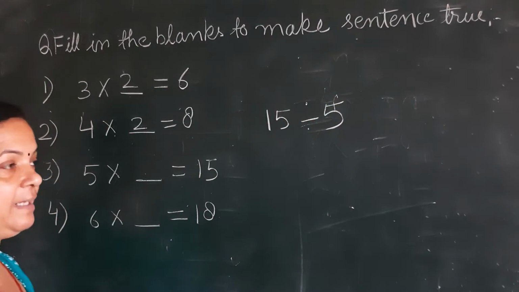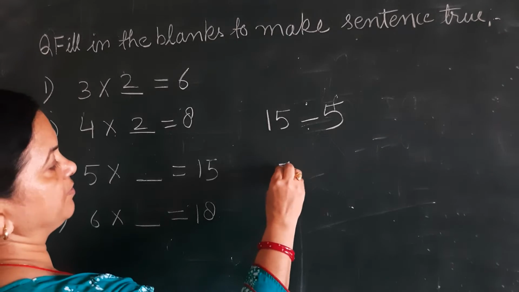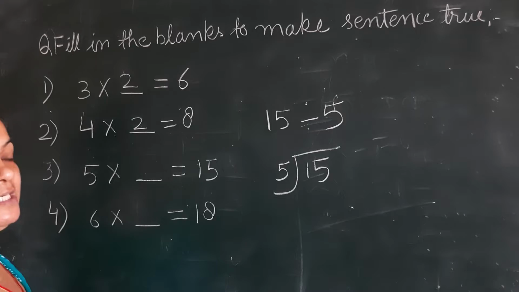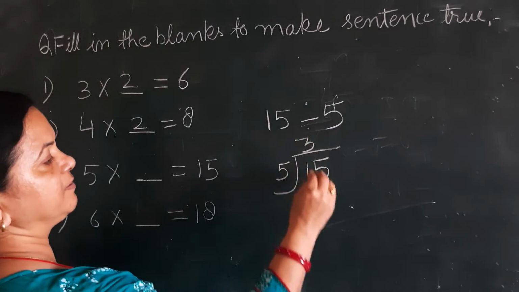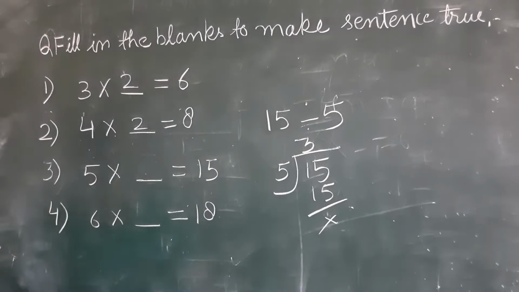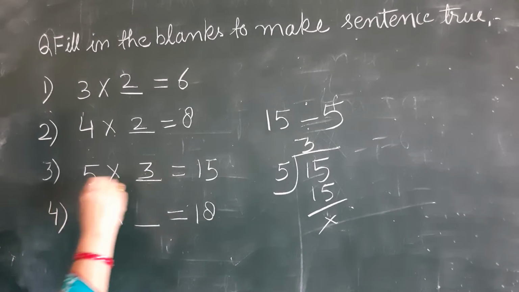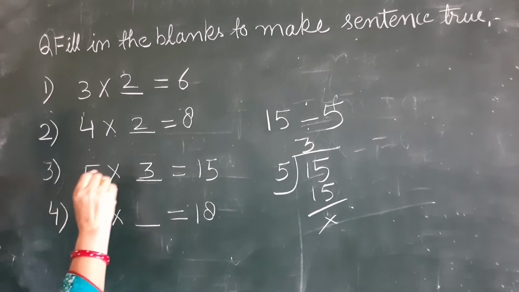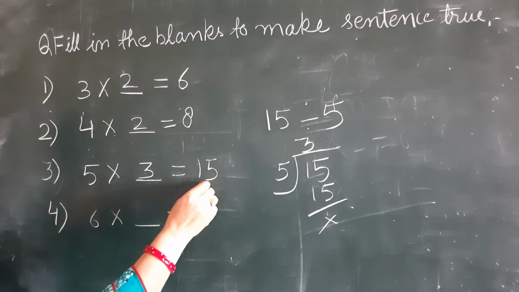And when we divide 15 by 5, what will we get? 5 threes are 15. Okay students, so what will come here? Then 3 will come. 5 into 3 is 15, so it is equal to 15.